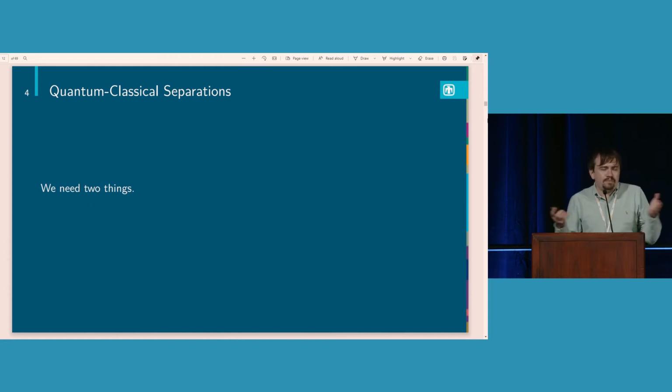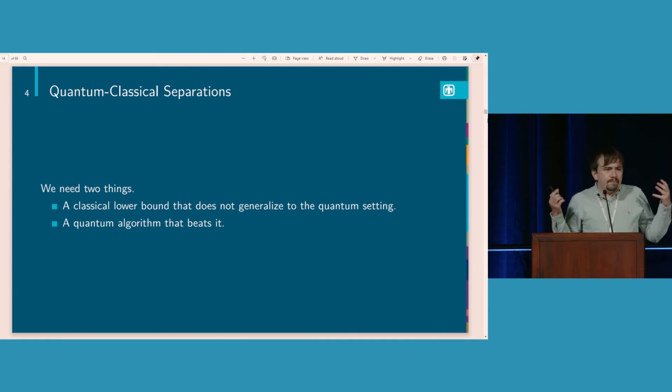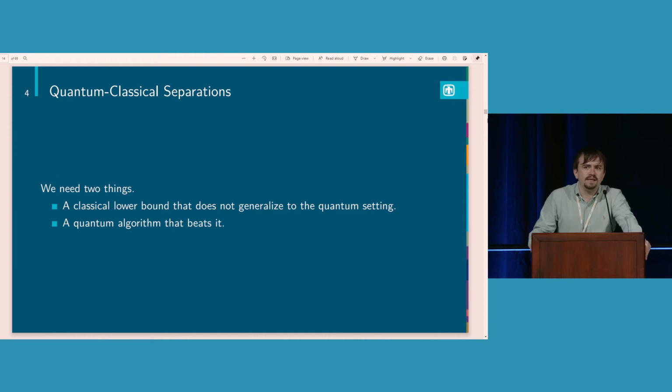And you're going to need that proof of classical hardness to be one that doesn't translate to the quantum setting. And if you have such a thing, then you can go ahead and look for a quantum algorithm that beats that lower bound. And as that happens, we actually already have something that satisfies the first of these two bullet points.